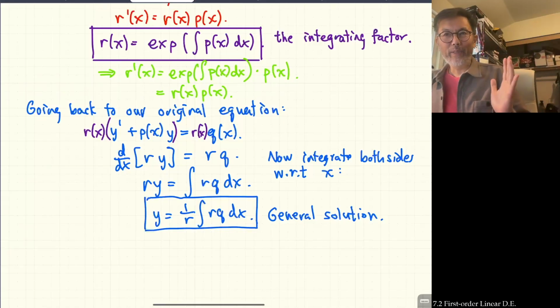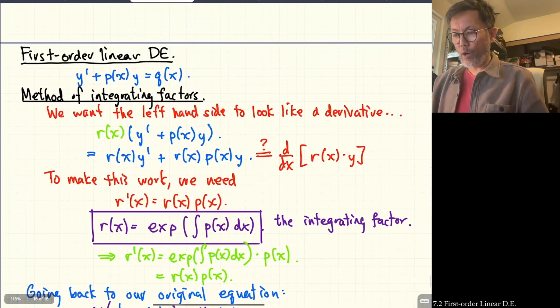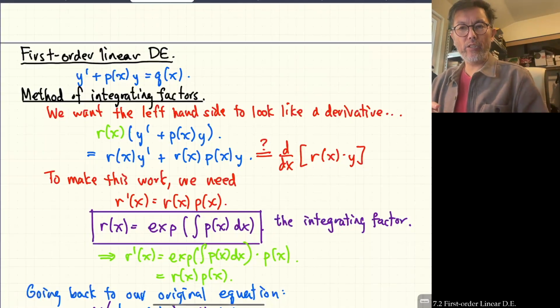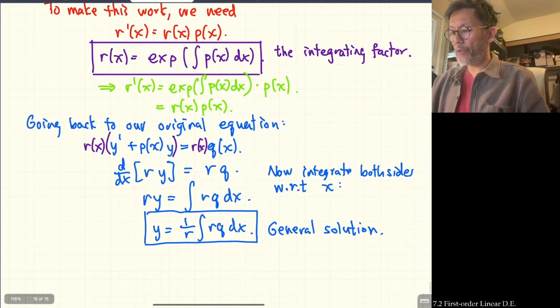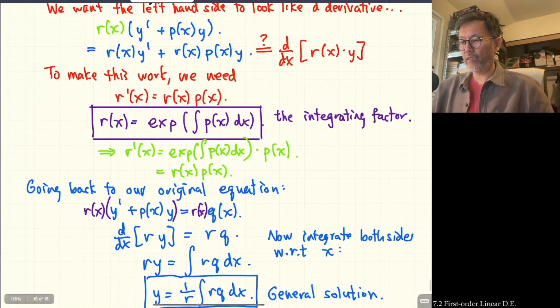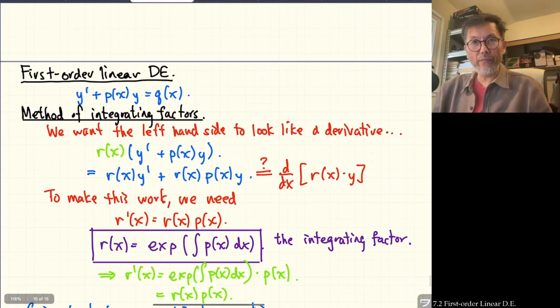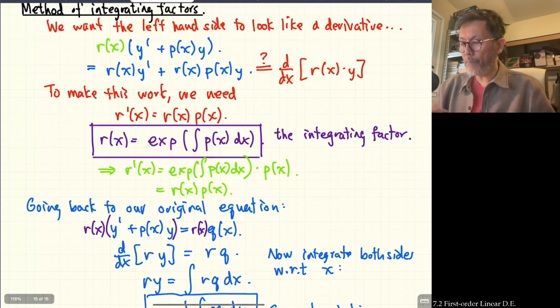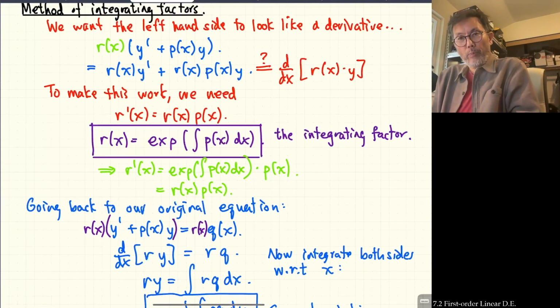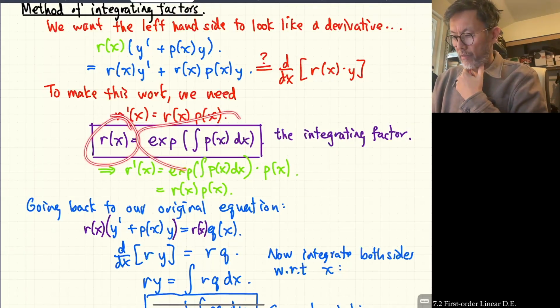What am I saying here? Let's just recap. I'm saying that if you have this first order linear differential equation, you can write down the integrating factor. You just read off what p of x is when your differential equation has this particular form. You identify what p of x is. You shove that p of x into this expression for r of x, and that's your integrating factor.